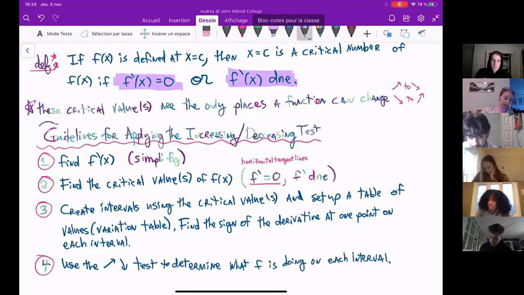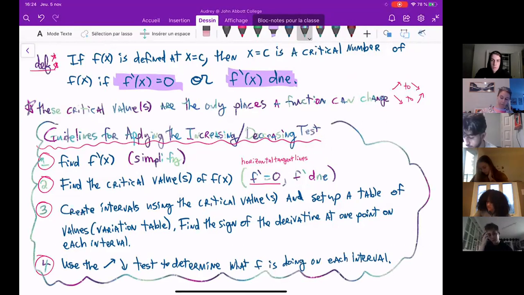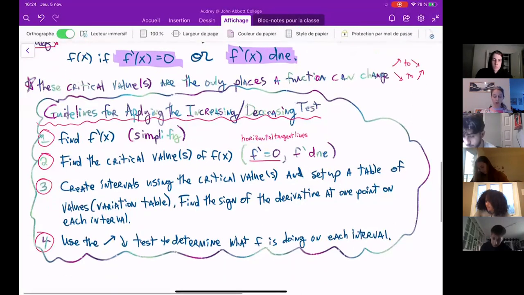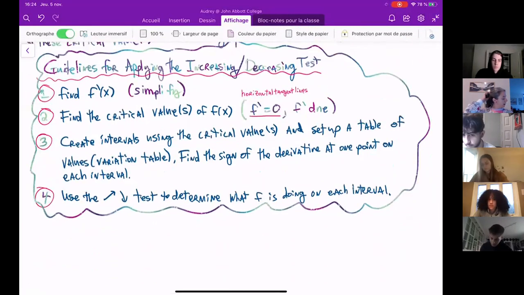So these are my guidelines for applying that test that we saw up there. So once again, let me know in the chat when you have these guidelines down and you are ready to do an example problem where we follow them.